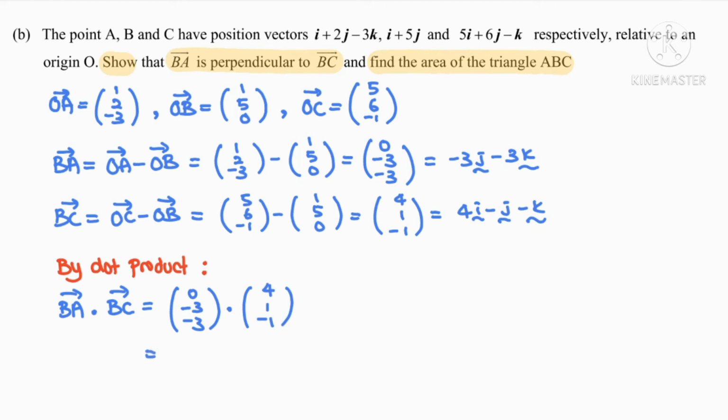Now, we multiply each row, 0 times 4, and then we sum it up, plus negative 3 times 1, plus negative 3 times negative 1. So we get the answer 0. So from here, we can conclude that since vector BA dot BC equals 0, therefore vector BA is perpendicular to vector BC.